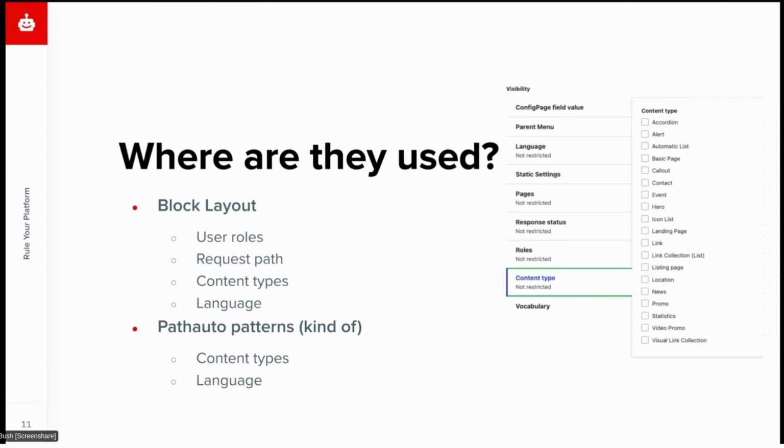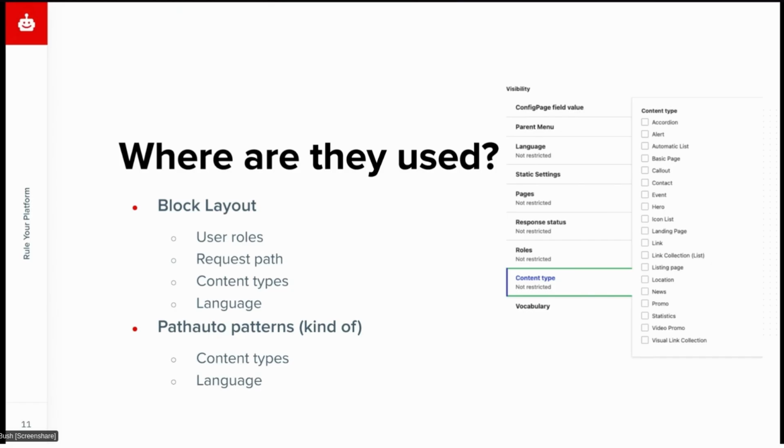And currently block layout is the big one where I think most people will have touched them. And this is an example on the right-hand side of what you might have seen in block layout. So you have a visibility and then a bunch of conditions, and if you click on them, it expands out their settings. There are a couple here you might not recognize.